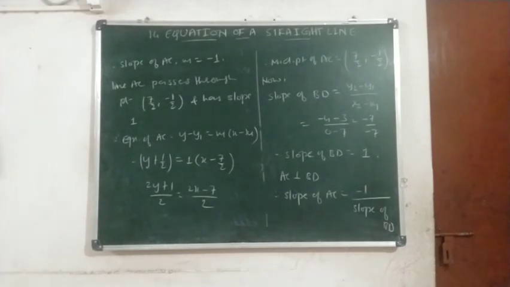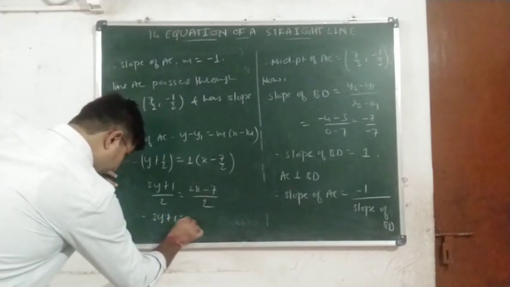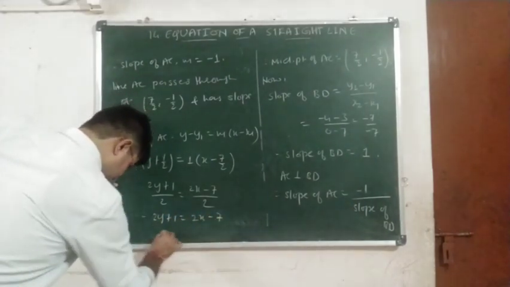Therefore 2y plus 1 is equal to 2x minus 7.